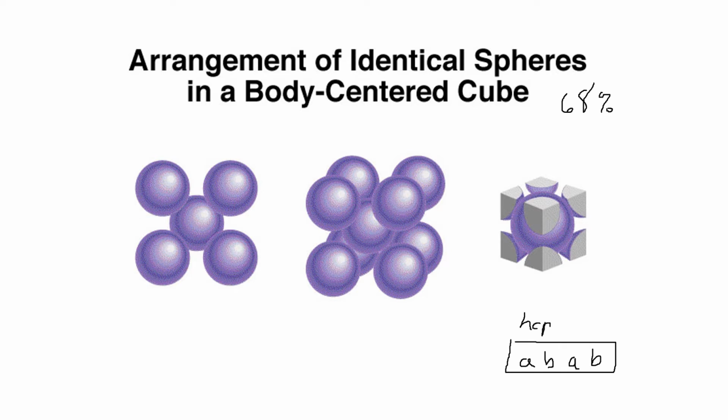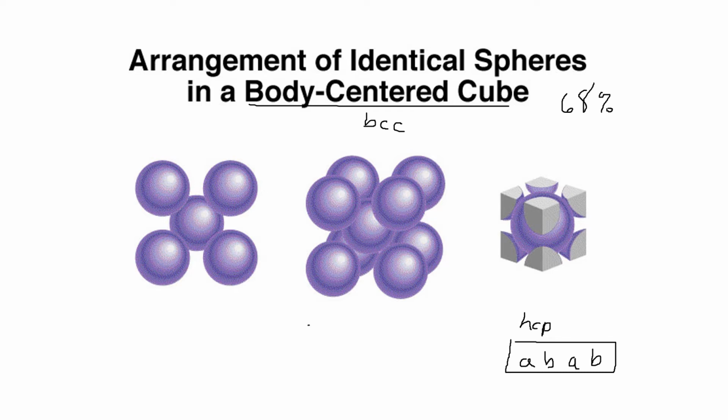hexagonal close packed. Body-centered cubic can also be abbreviated as BCC. So, like the simple cubic cell, we can calculate the number of atoms actually within that cubic cell.